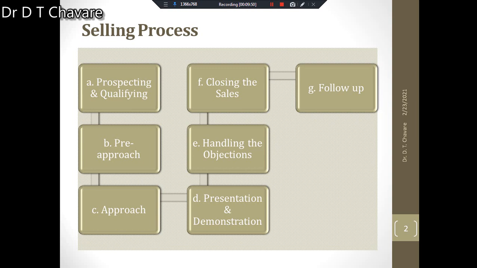This is the step in which the salesman meets and greets the buyer to get the relationship off to a good start. This is the actual meeting with the customer. The salesman has to make a modest and courteous approach. His appearance, opening lines, and follow-up remarks play a significant role.